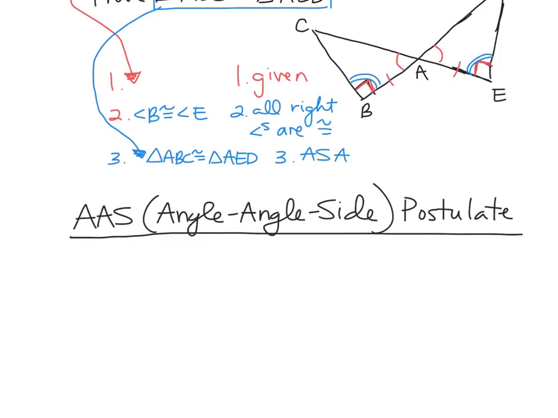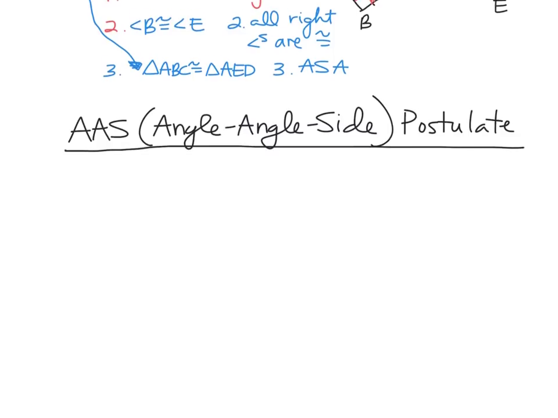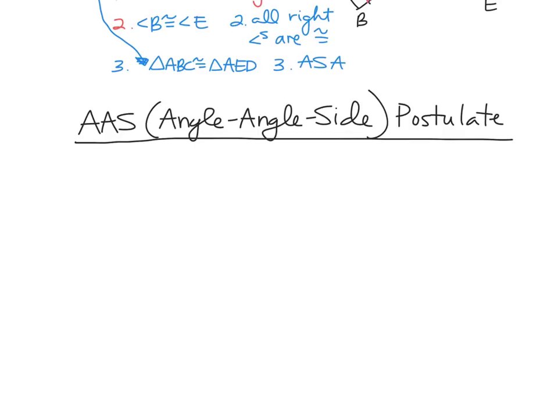Angle, angle, side postulate says you have two triangles that have two angles marked congruent and then a non-included side. So it can't be the side in between the two angles like we did before.